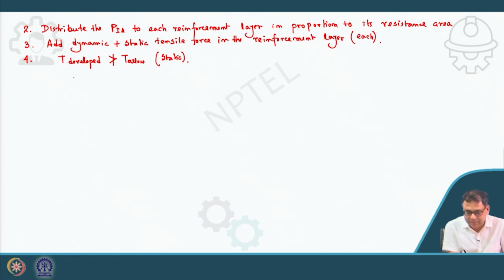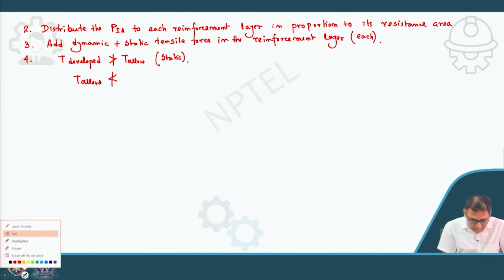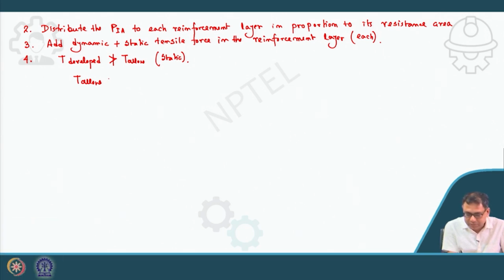when it is static plus seismic, T allowable should not be less than, or I can write, T allowable should be greater than 0.7 times of T developed.